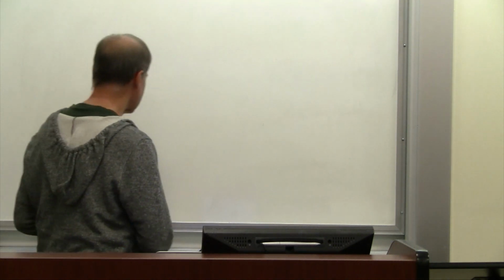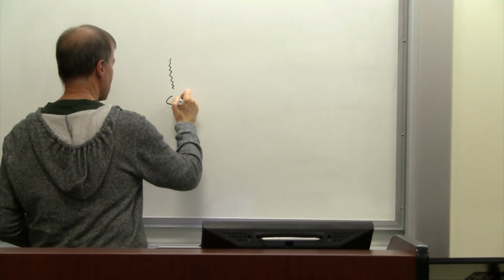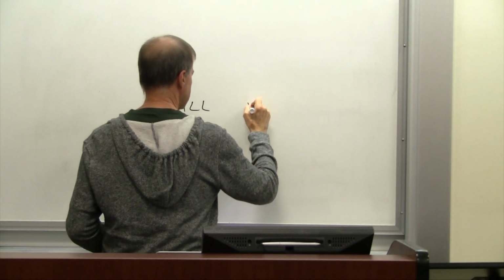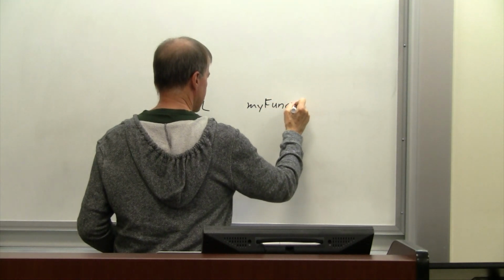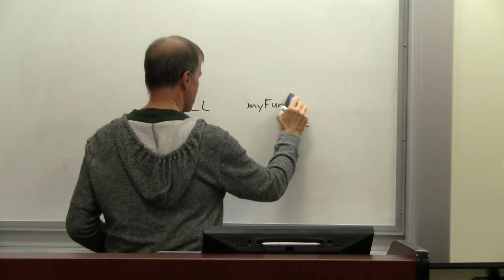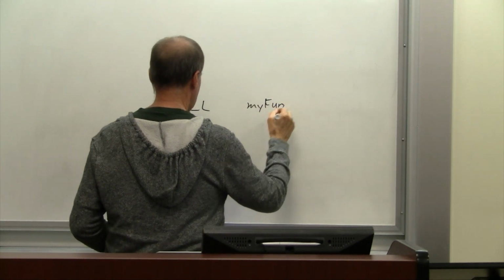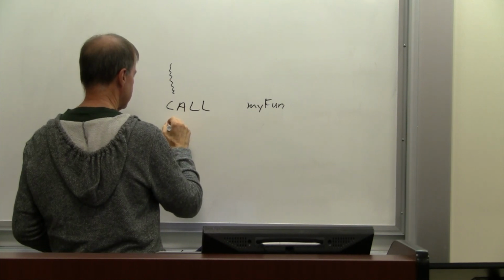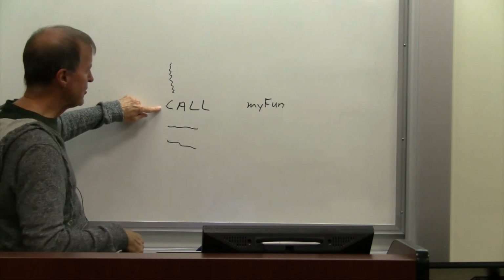Look, what's happening is we have some instructions here. Blah, blah, blah. Here we have a call. Call my function. That's too long. Call my fun. And then we have, I don't know, more instructions.